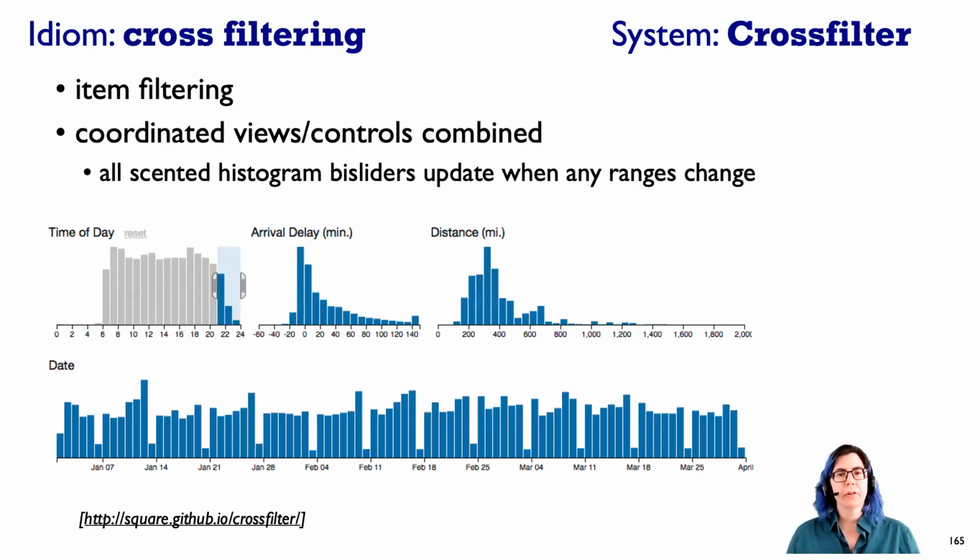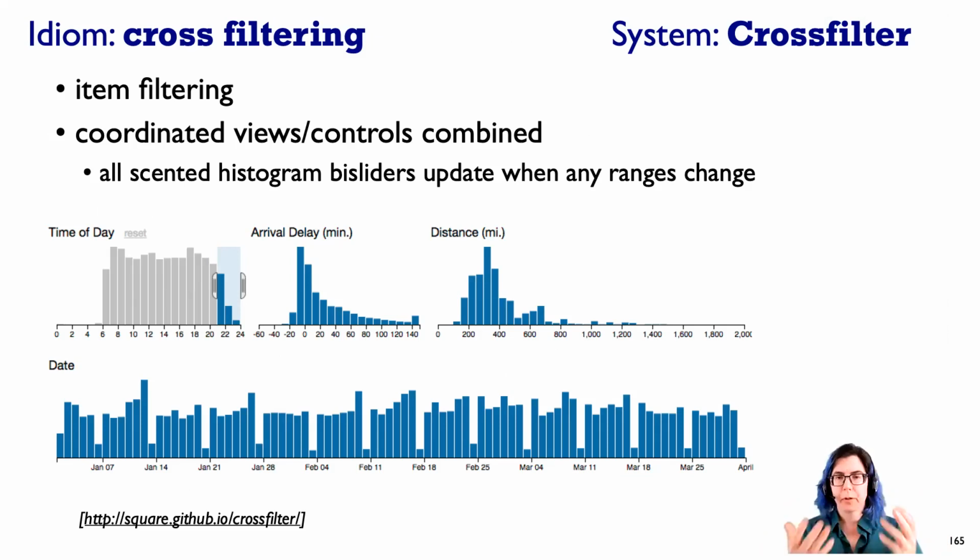So let's think about filtering. There are some nice systems that give you useful data structures for doing what's called cross-filtering. This is a form of item filtering where, if you have multiple views, there's nice support for doing this at scale.